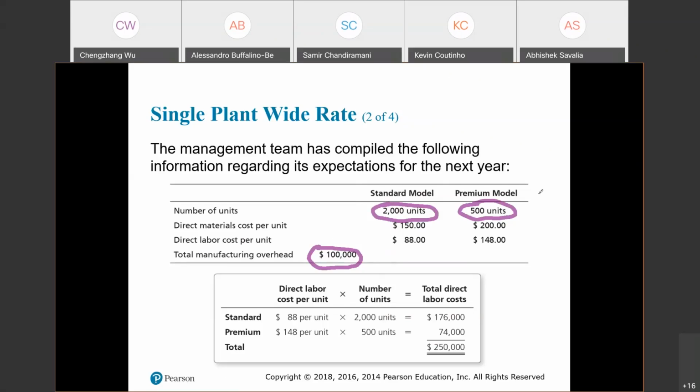Using a single plant-wide rate is the traditional method of allocating manufacturing overhead costs, and as I said, it's the simplest method. In this method, the company calculates the predetermined overhead allocation rate before the period begins by selecting one allocation base and using the same base to calculate overhead cost for all the units.